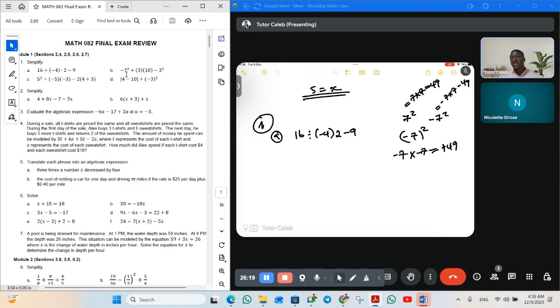If you look at question D, you can see it. That's why it's important that if I use my calculator to solve these, I put the parentheses. Where you see it, put it.